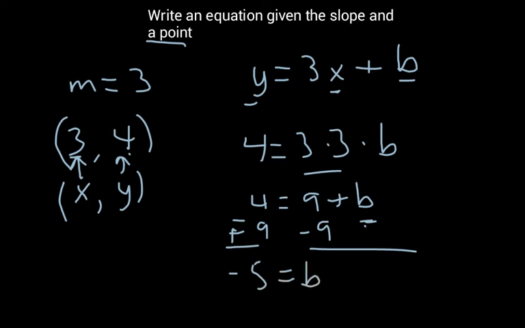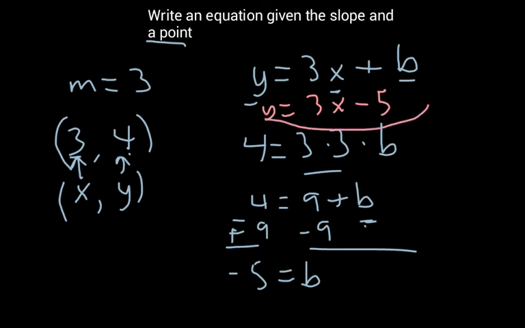So we come back up here to say y equals 3x. Now I can either make it plus -5 or minus +5. And I think I'm going to just put minus 5.